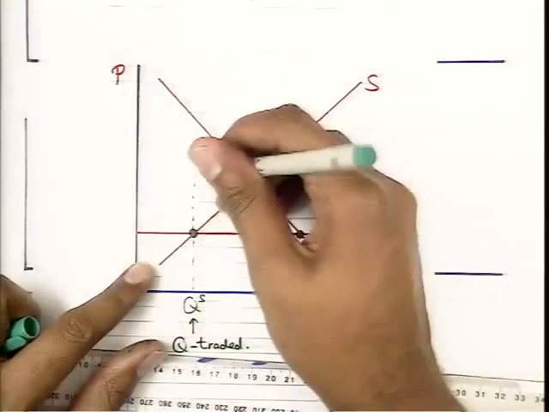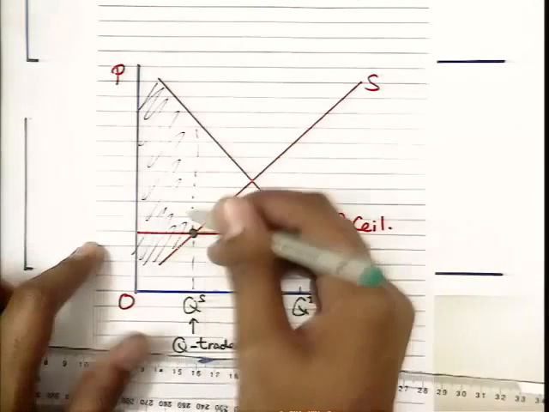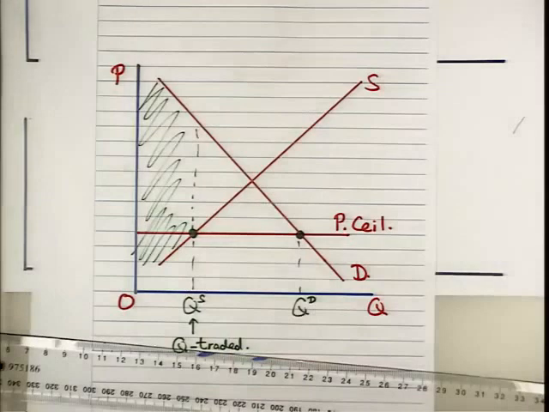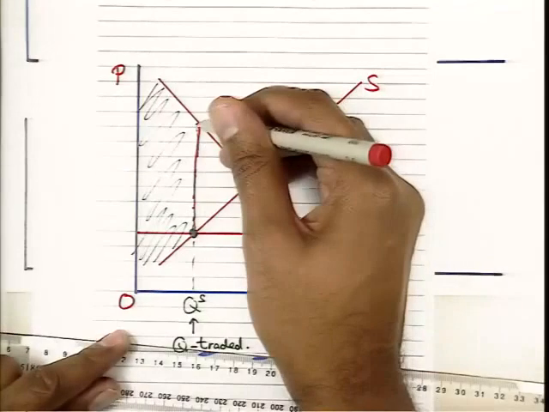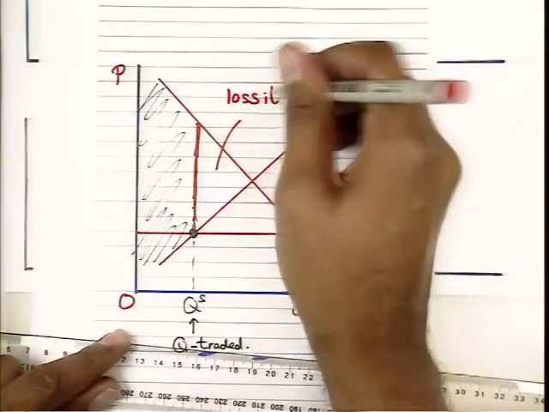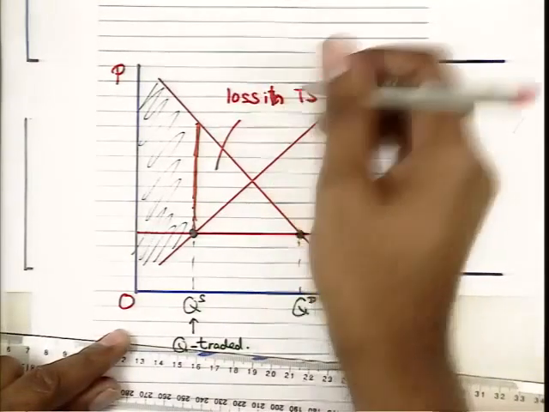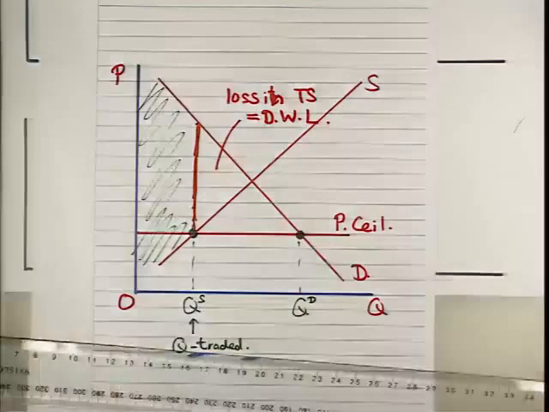So what ends up happening is, the government actually ends up giving a smaller total surplus for society as a whole. We call the loss in total surplus, we use the term deadweight loss.